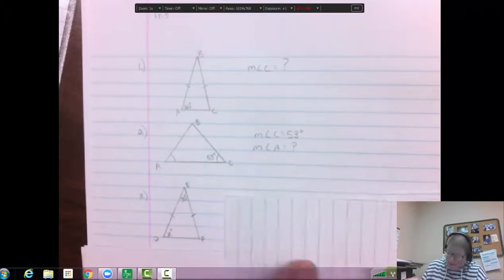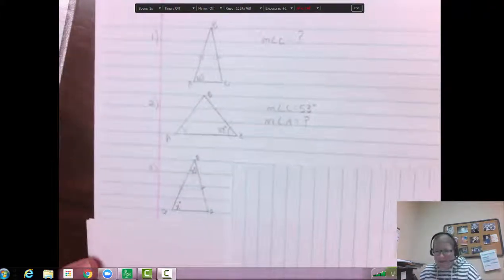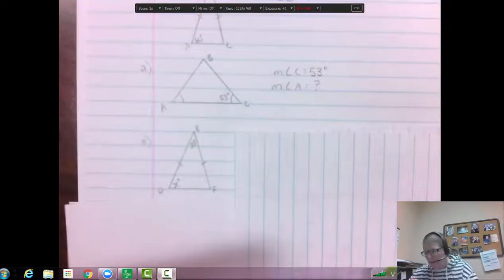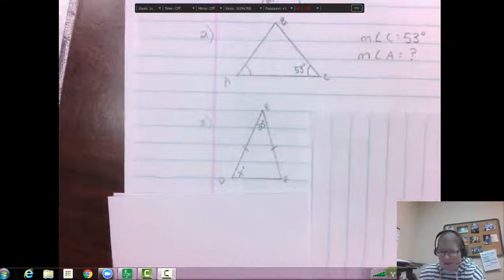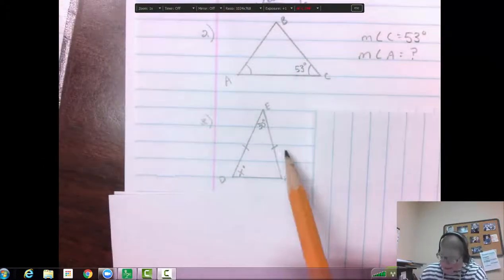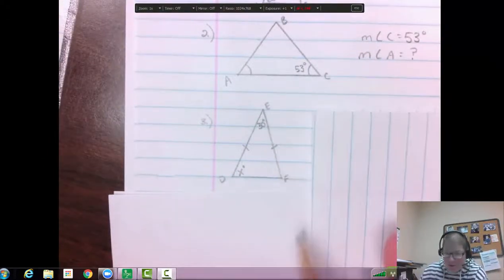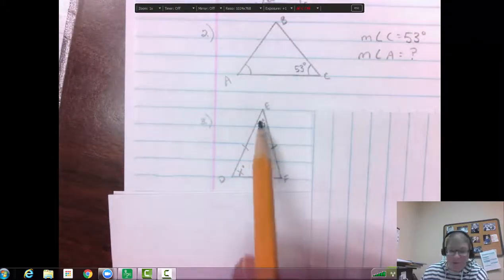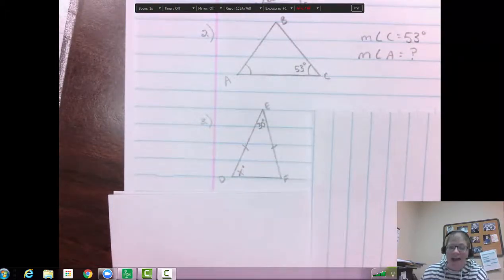Okay, so looking at this number 3, this triangle, looking at this triangle here, we know it's isosceles, and it says this one's 30 degrees, and this angle is what? All right, how could we figure this out? What do all three triangle angles add up to? They all add to 180.